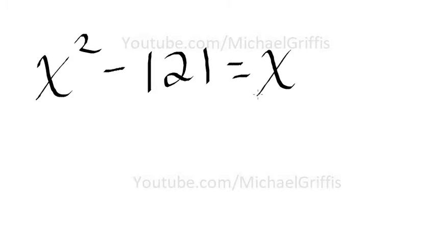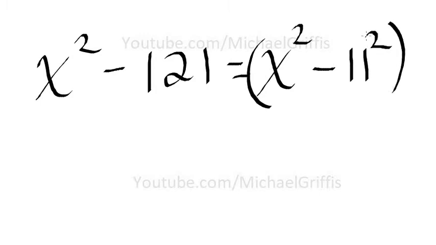So we're given x squared minus 121. This can be rewritten as x squared minus 11 squared. 11 times 11 is 121.